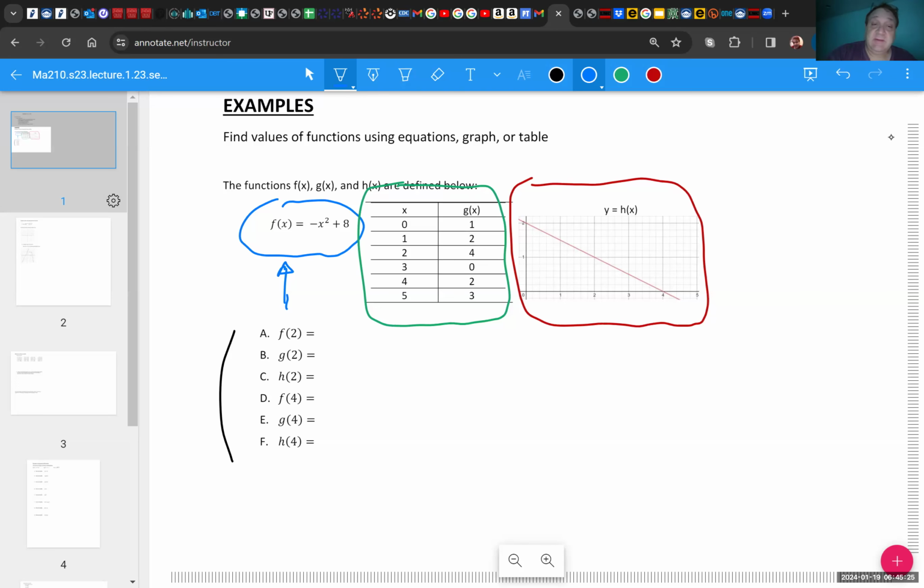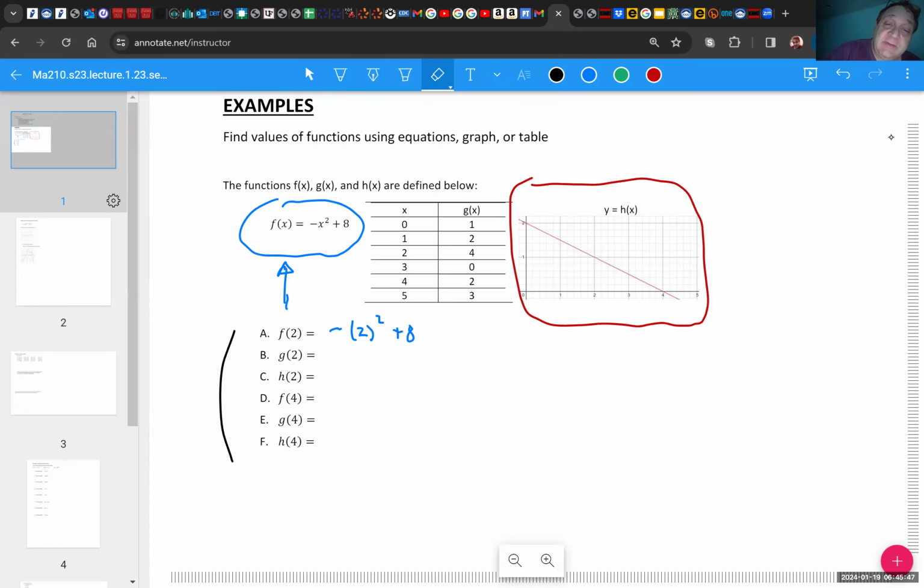So in this case, since it's given in this equation, I'm just going to plug in the 2, or substitute x equals 2, just like that. I use parentheses very often just to make sure that it's clear what's being squared and what's being negated, to do the order of operations correctly.